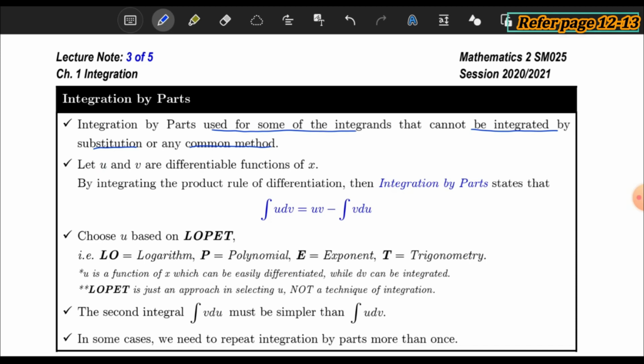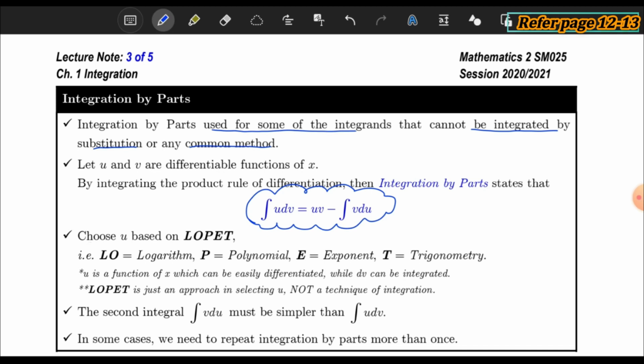For the by parts method, we let u and v be differentiable functions of x. By integrating the product rule of differentiation, integration by parts states that integrate u dv equal to uv minus integrate v du.